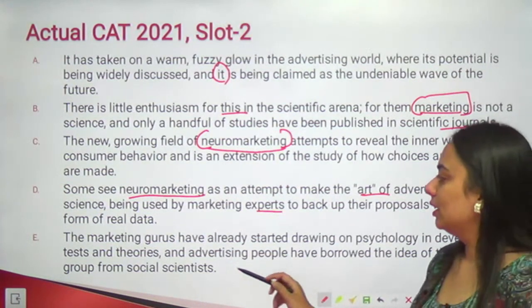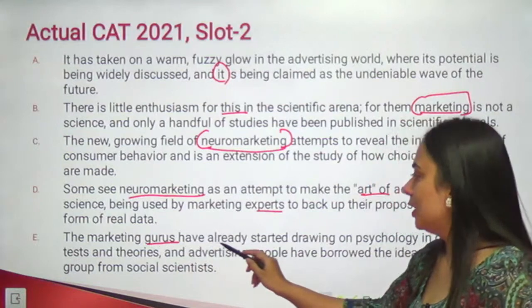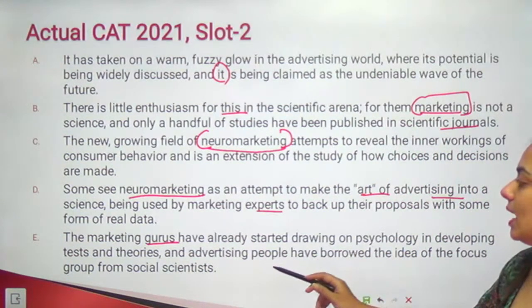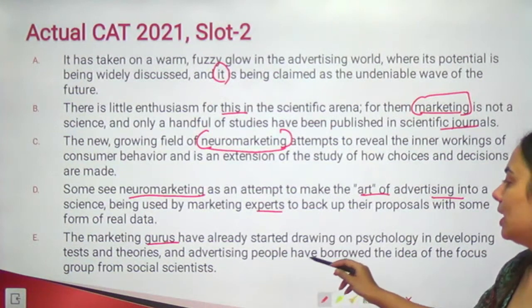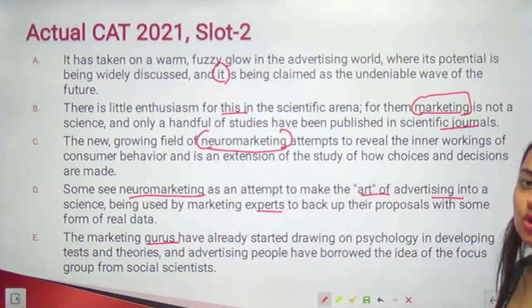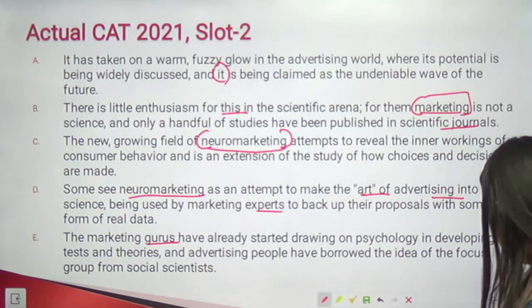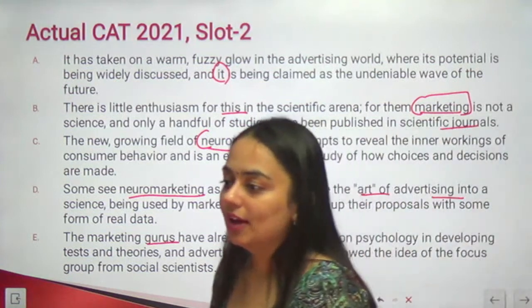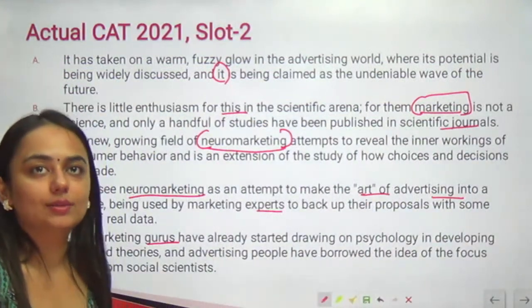And the last one: the marketing gurus have already started drawing on psychology in developing tests and theories, and advertising people have borrowed the idea of the focus group from social scientists. So this is a relatively easy one. It's from the actual CAT exam. Can you find out the misfit in this one?